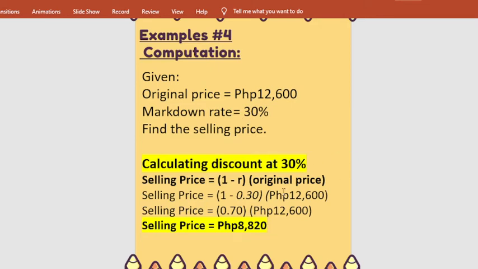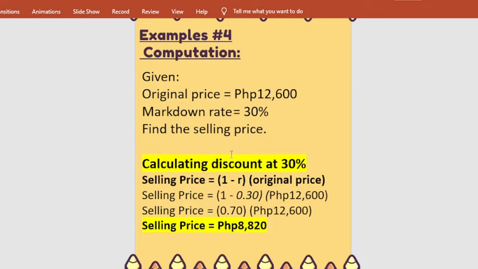Okay, so this time, we have to find the selling price. First, sabi, discount daw at 30%. So again, since this is markdown rate, we have to use the equation for markdown. Selling price is equal to 1 minus R times the original price.